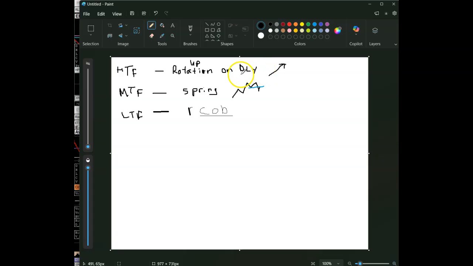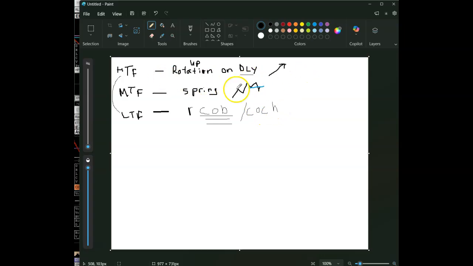Again, you have daily up rotation, middle time frame breakdown attempt, lower time frame a change of behavior, because the higher time frame traders are stepping in. They're the ones causing the change of character or the change of behavior. All right?